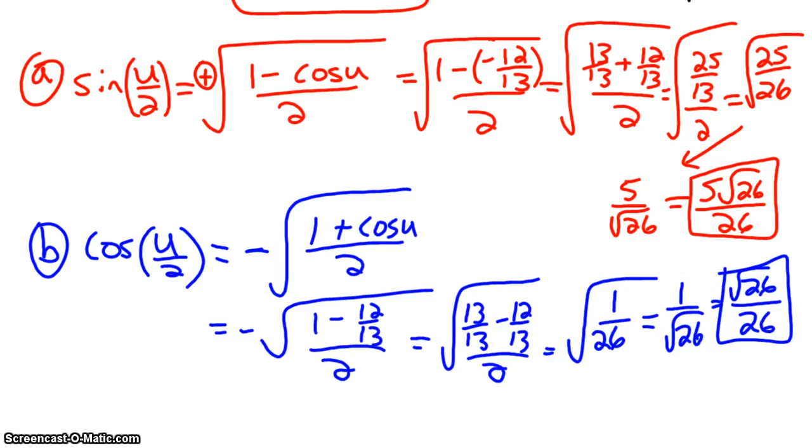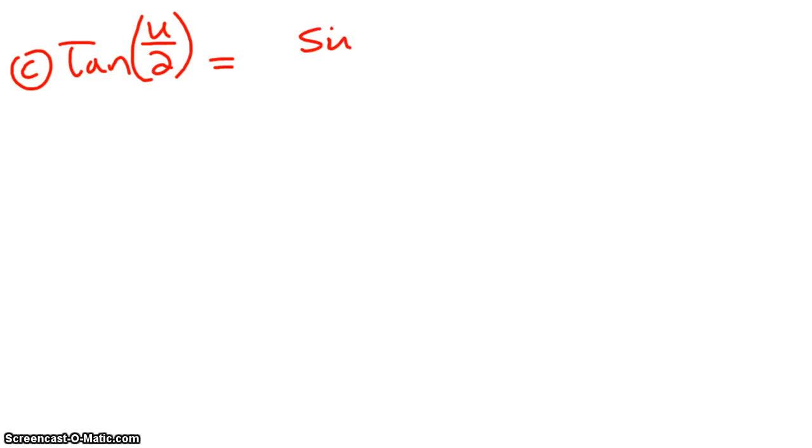And last but not least, we'll jump into a beautiful problem of dealing with tangent. Remember, for the tangent of u divided by 2, the half angle, I said we would not have to worry about coming up with the tangent u. The reason is because this is set up as sine of u all over 1 plus cosine u.